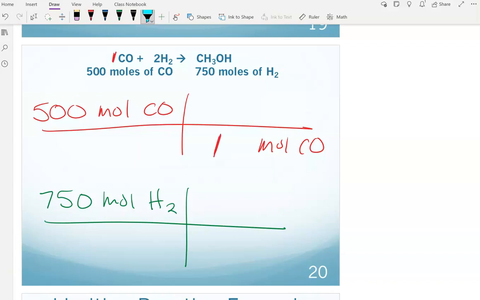So that would be 1 mole of CO. That's where I'm getting that number from. And then the thing that goes above it is what I'm trying to convert into, which is the product. I'm trying to convert both of these reactants into the same product. And there is only one product to pick from, and that is the CH3OH, which is right here. And there's a 1 that is implied.